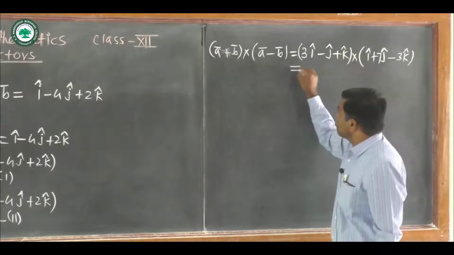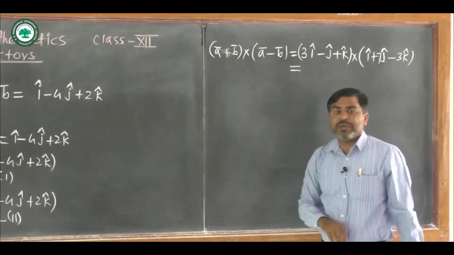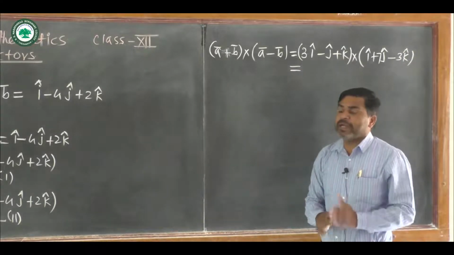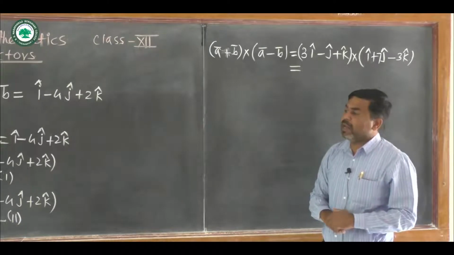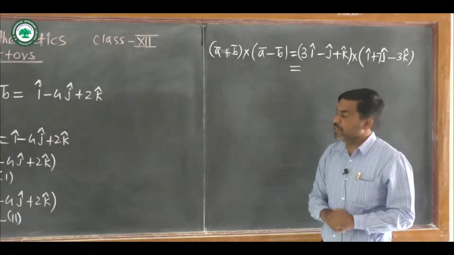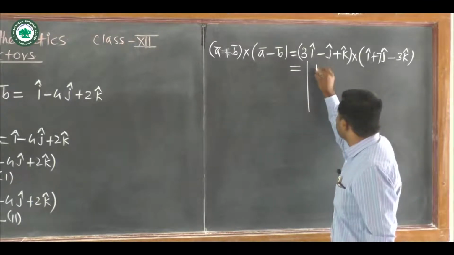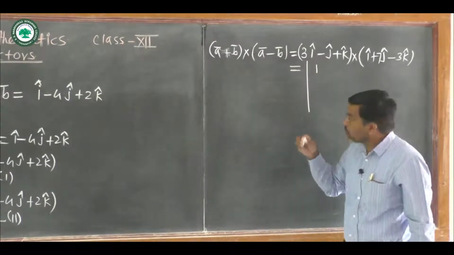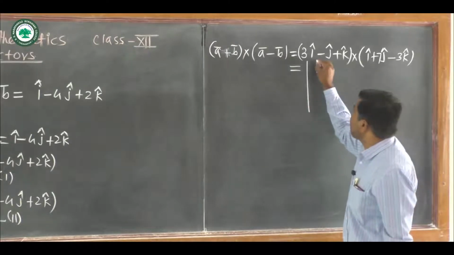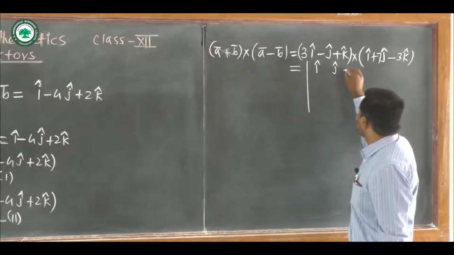And we have seen the definition of a bar cross b bar in the form of a determinant. If a bar and b bar are given in the form of i, j, k, that definition is a 3 by 3 determinant, and so the first row is i cap, j cap, k cap.